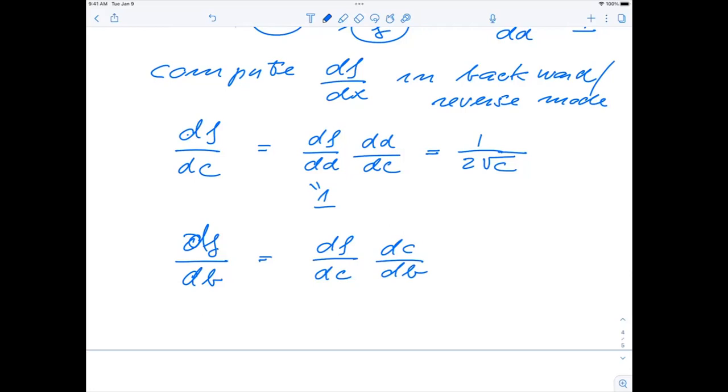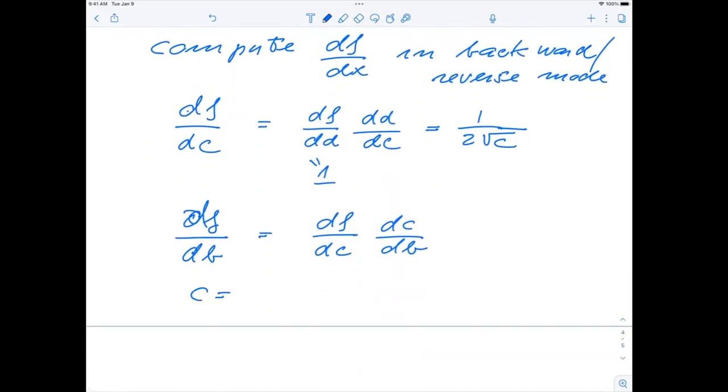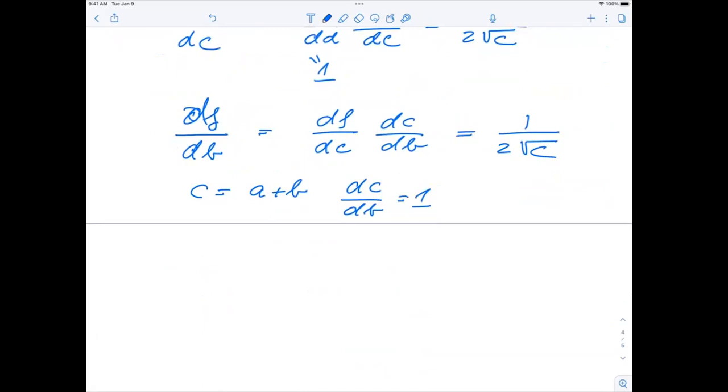And in this specific case, we know that dc with respect to b, if you remember that c is equal to a plus b, means clearly that dc/dB is just equal to 1. So we can put this one equal to 1 over 2 times the square root of c immediately. The next thing we need is the previous argument, which is df/dA, which is nothing but df/dB times dB/dA, but then we need to have the function c as well.